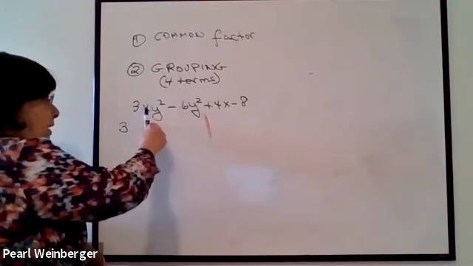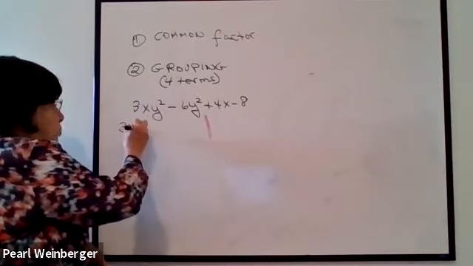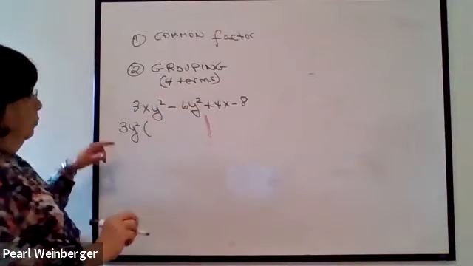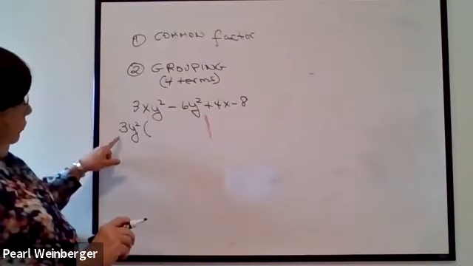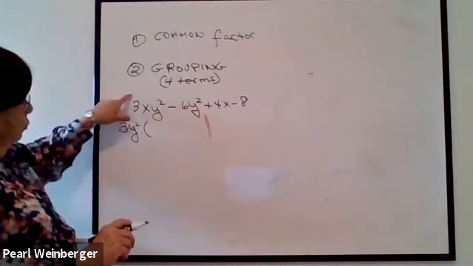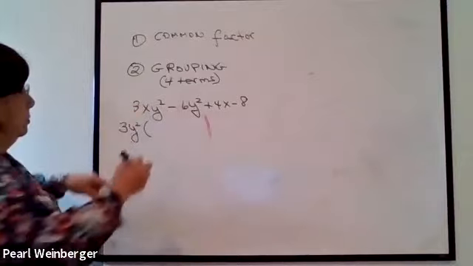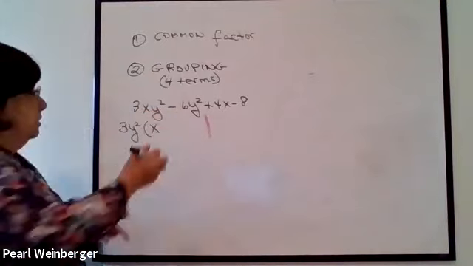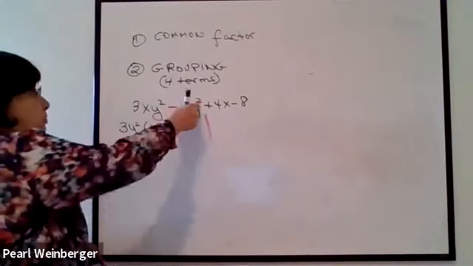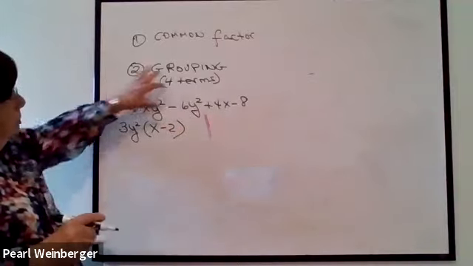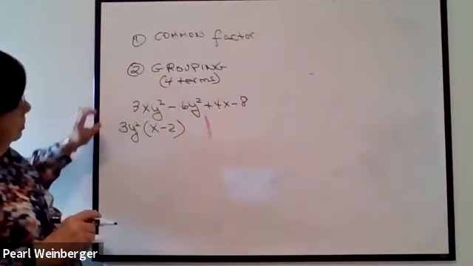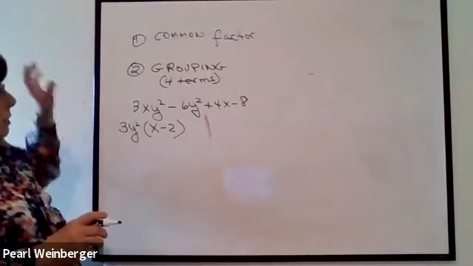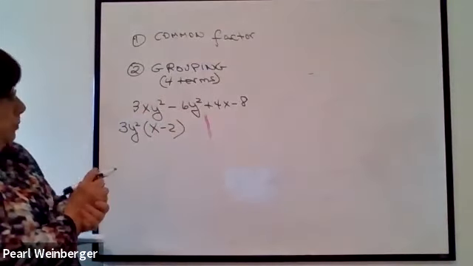There's no x, but y squared is in both of them, so 3y squared is a common factor of those first 2 terms. After we factor out that 3y squared, the 3 cancels, and the y squared cancels, so the first term becomes an x. And then the 3 into the -6 gives me -2. The y squareds cancel out. In other words, if I just take the first two terms together, I can factor that into 3y squared as my common factor times x minus 2.